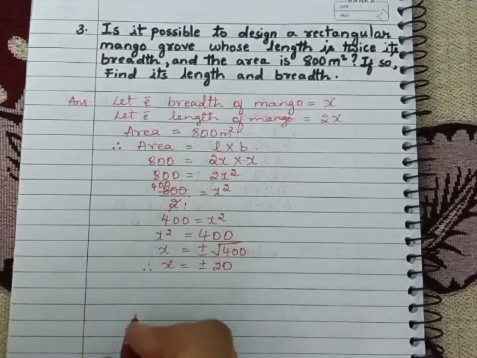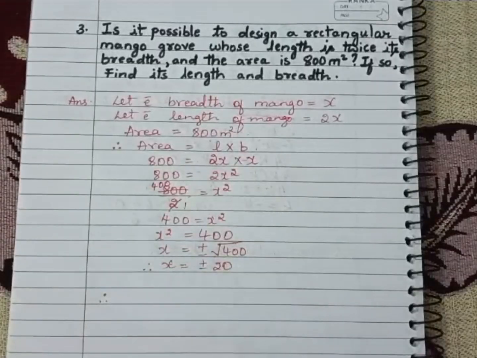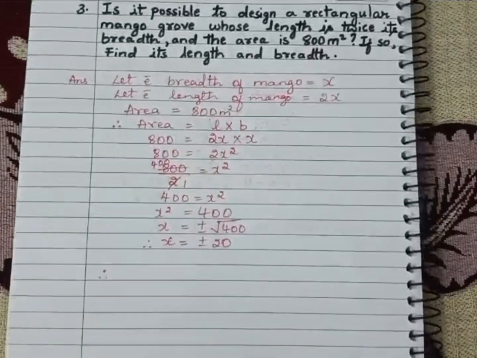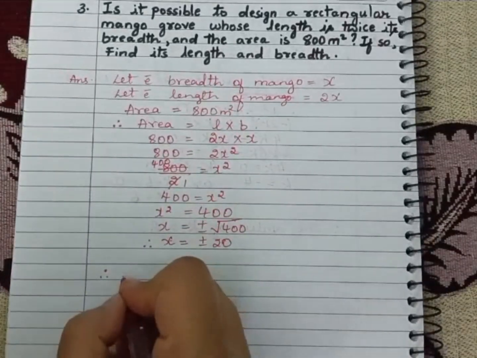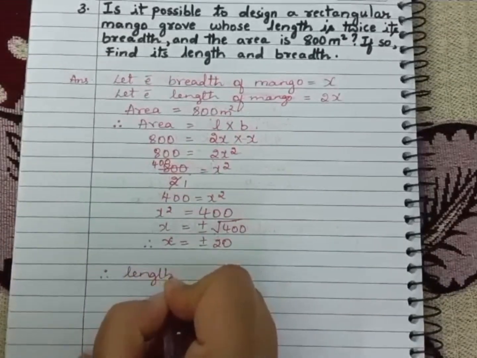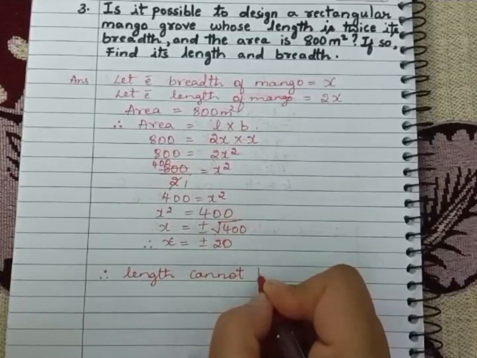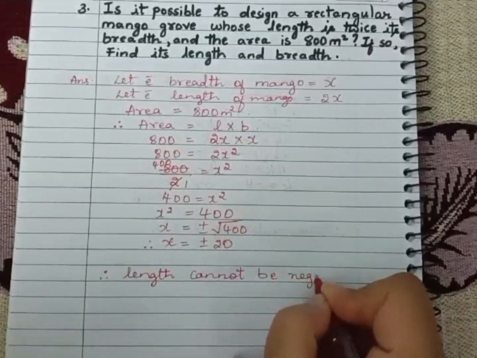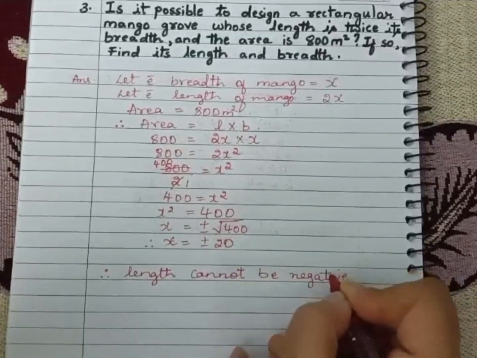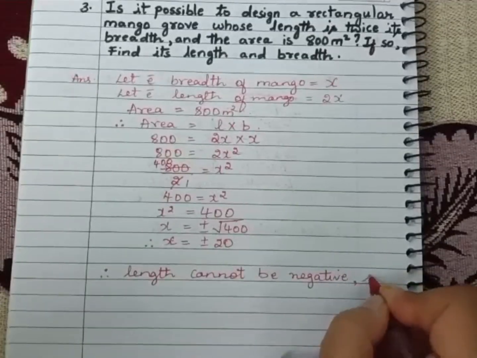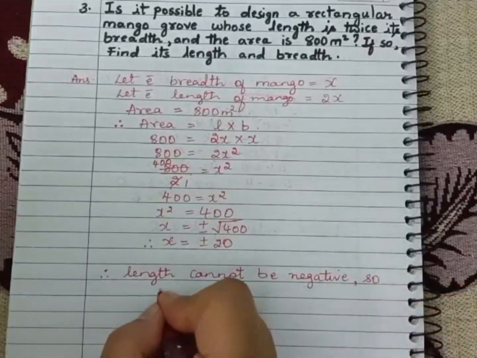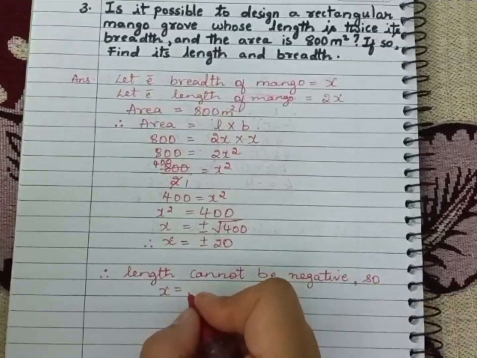Therefore, the length cannot be negative. Length cannot be negative. So x is not equal to minus 20.